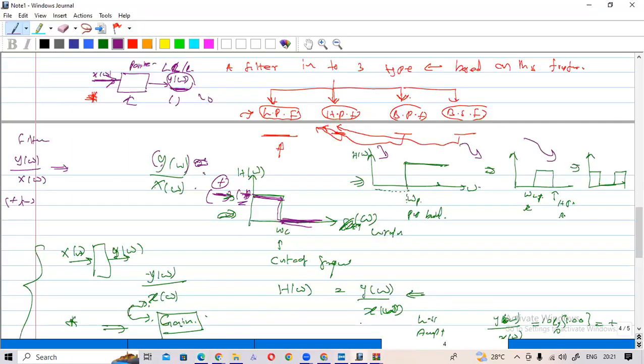Normally our filter response is like this. If you have an elliptic filter, you will have some ripple here like this, then a response like this, and ripple here also. This is the elliptic filter response, but you can see that this is vice versa, no?